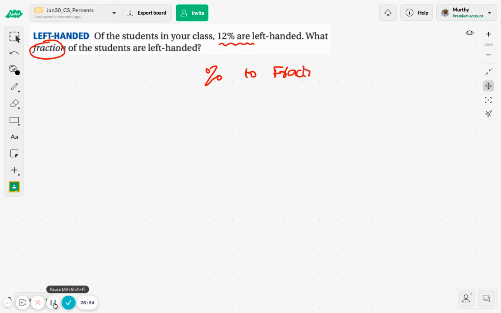First of all, I have to design a roadmap and plan. Well, 12% is the given value, and you know how to read this symbol. This is percent, which means 12 out of 100.